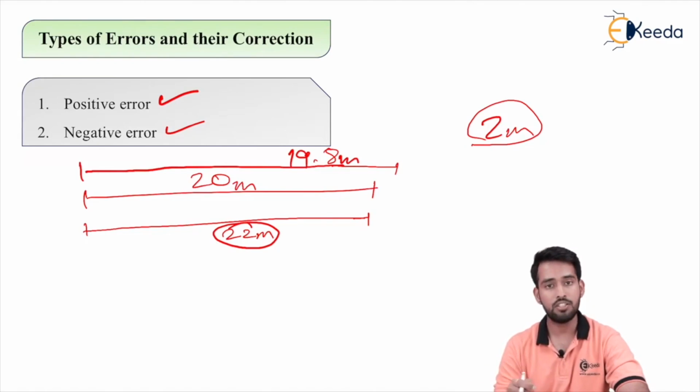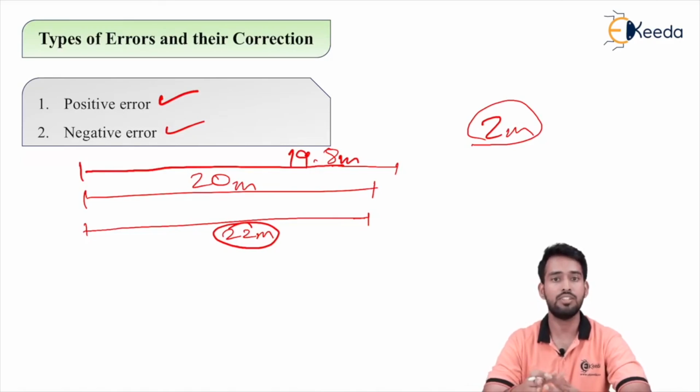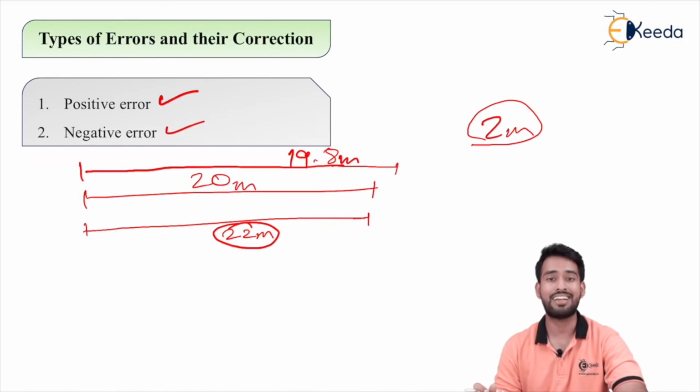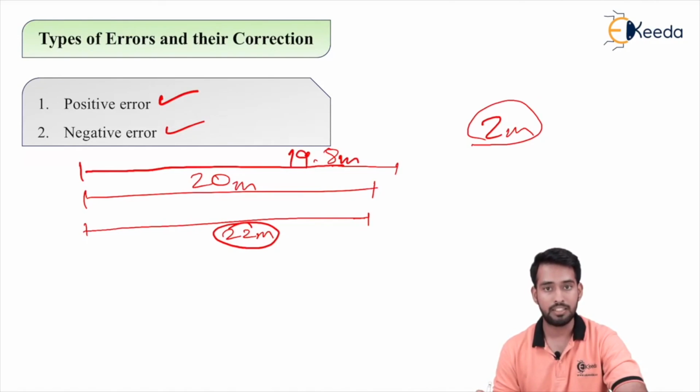So the expansion of the chain took place, or some rings got expanded or bent, or links got flattened, because of which the actual size of the chain increased. So we have to measure 20 meters, but we find only 19.8 meters.